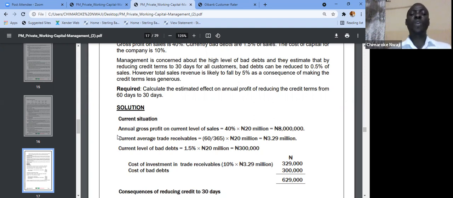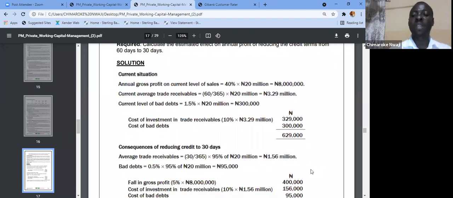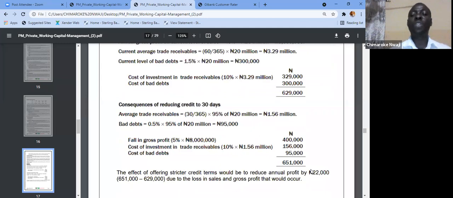Then the cost of the bad debt will also increase the cost of incurring the trade receivables, which is 1.5%, which gives you 300,000. So you see here, the cost of receivables plus bad debt has given you 629,000.